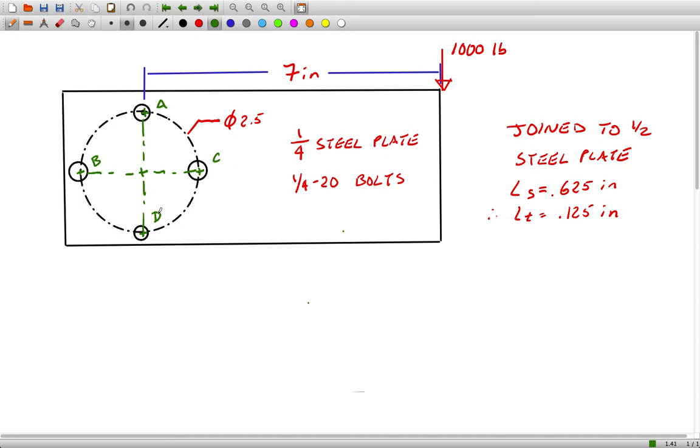Now there are a couple of universal assumptions that are made in these sorts of calculations. The first one is that the load is equally distributed to all bolts.